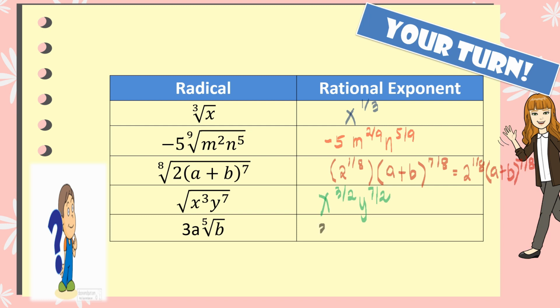Alright, so 3ab raised to 1 over 5. I hope that you got all this correctly. Am I right? So if it is, congratulations.